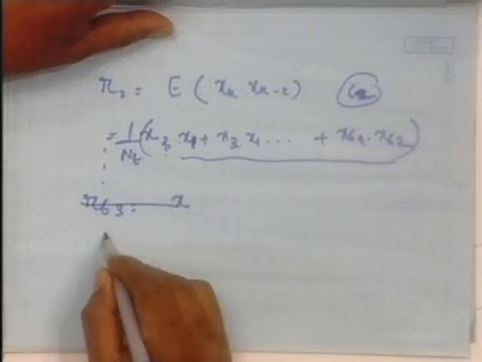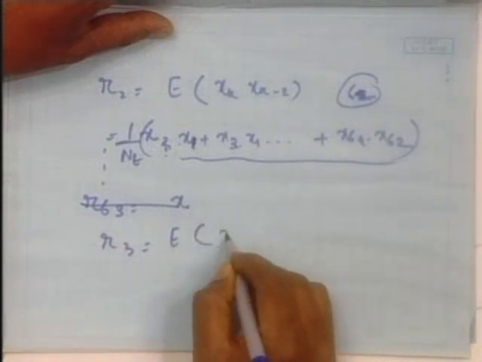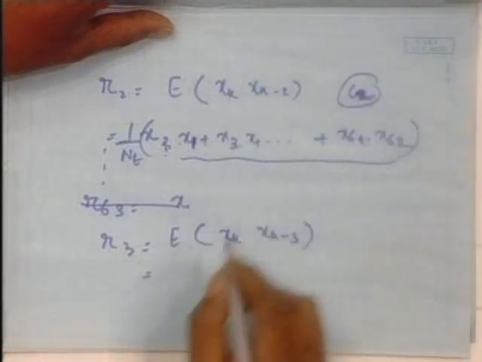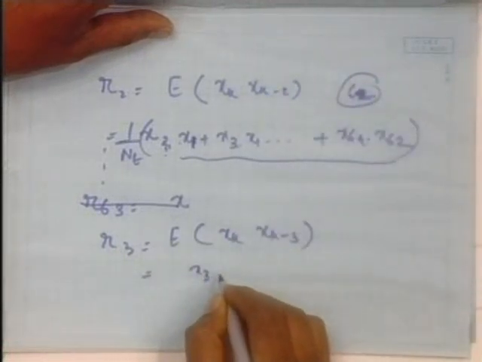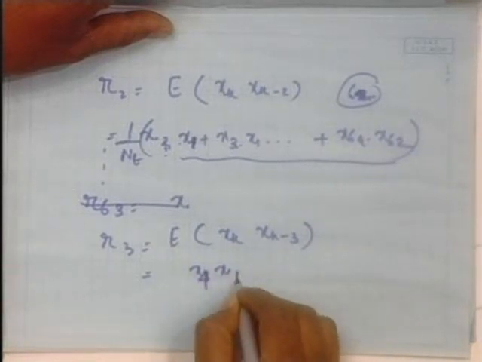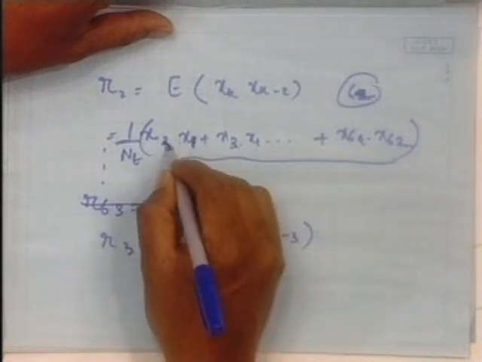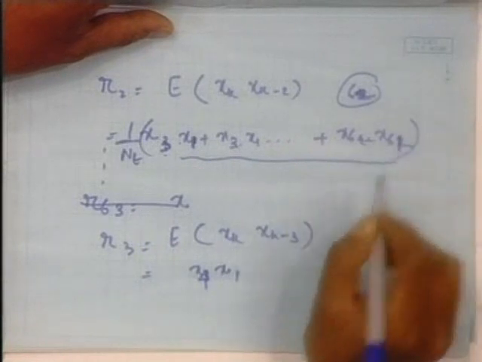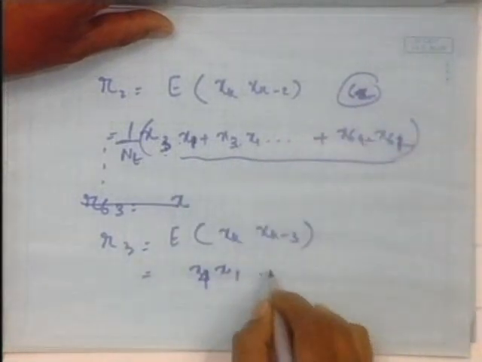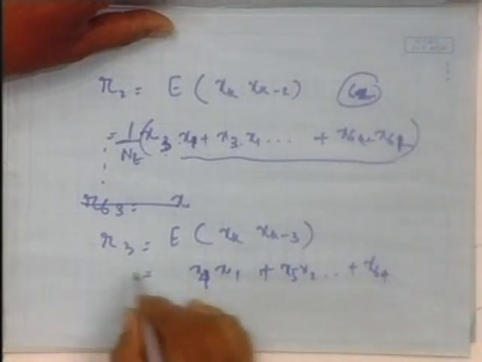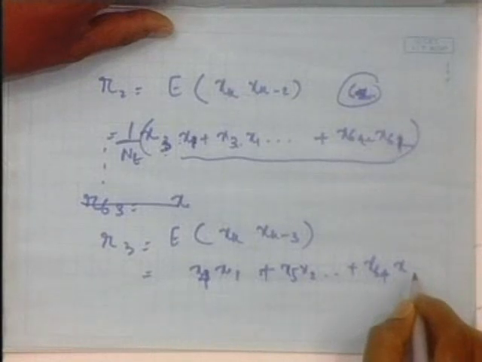Then for R3 it will be the expected value of xk into xk minus 3. Because only 64 samples are available, you will start with x4 into x1, then x5 into x2, up to x64 into x61, since it is delayed by 3.